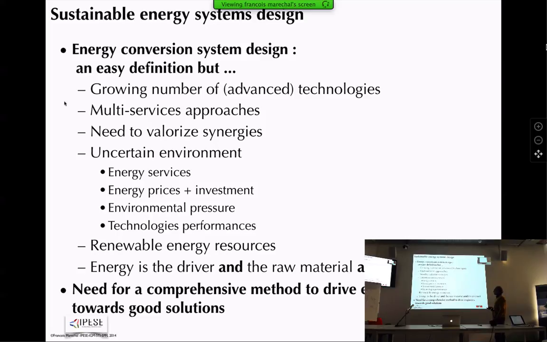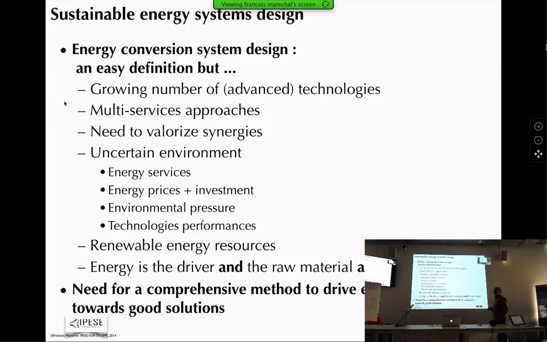We have an environmental pressure that is increasing, and we have the performances of the technologies that are not necessarily always reachable. At the end, in addition to this, we have to try to maximize the use of the renewable energy resources, which adds also another dimension of uncertainty.